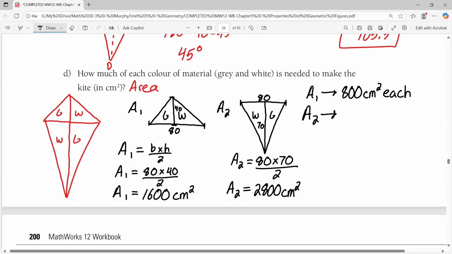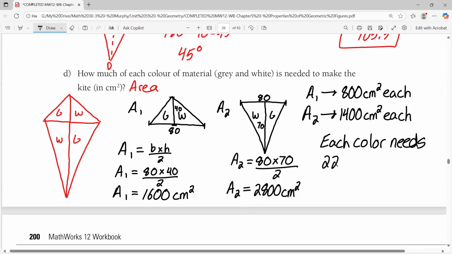So take 2800 and divide it. So that'd be 1400 each, right? And then so total, each color needs 2200 centimeters squared. I just added them up.